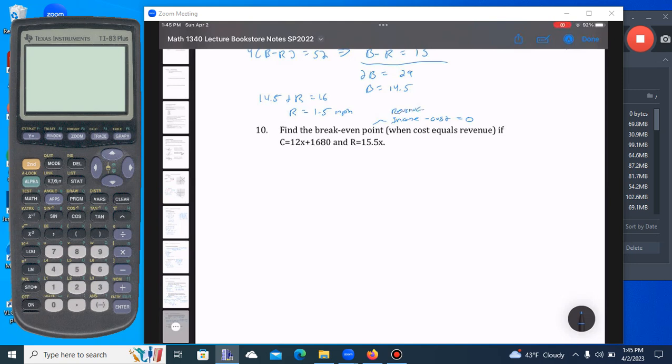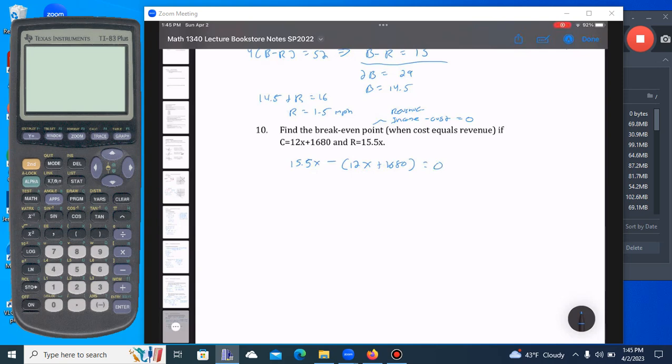So here revenue is 15.5x. So 15.5x minus your cost, which is going to be 12x plus 1680. And that has to equal 0.